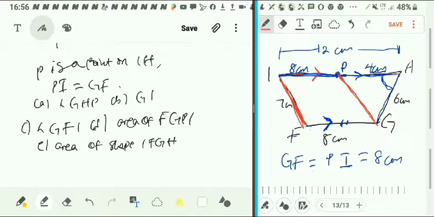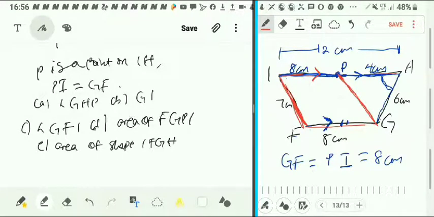Let's just go on first. Let's first of all find GPH. But what you should know is IP is parallel to FG. You can see that IP is equal to FG, 8 centimeters. This is a parallelogram. You should know that. Parallelogram.